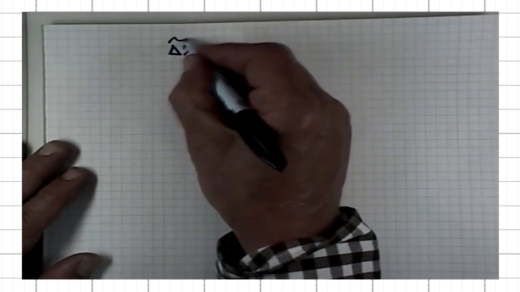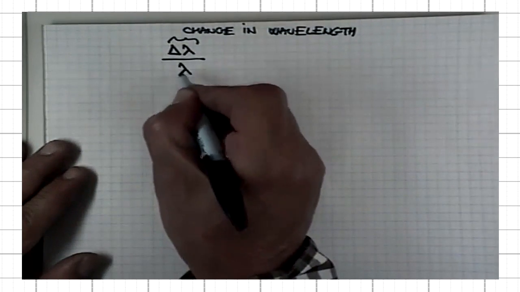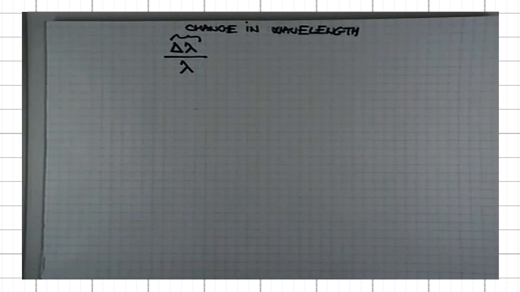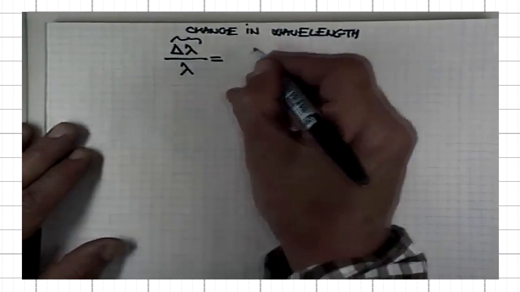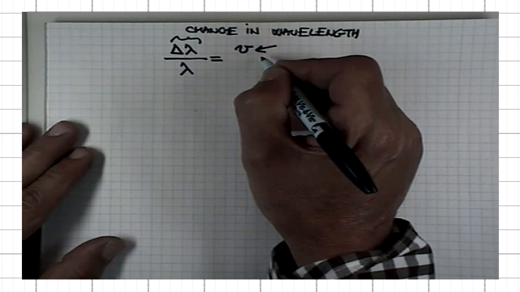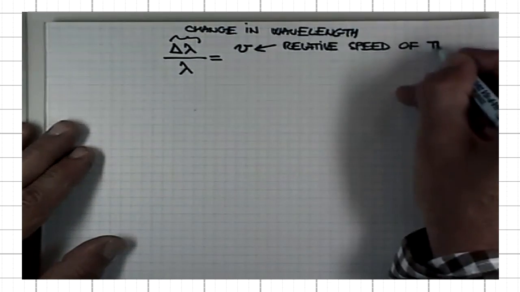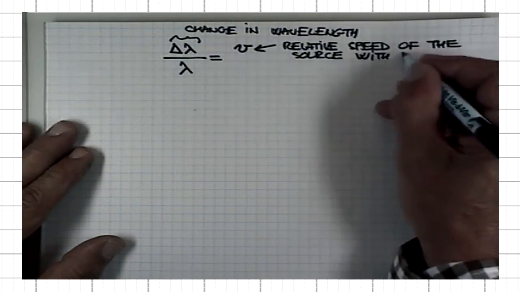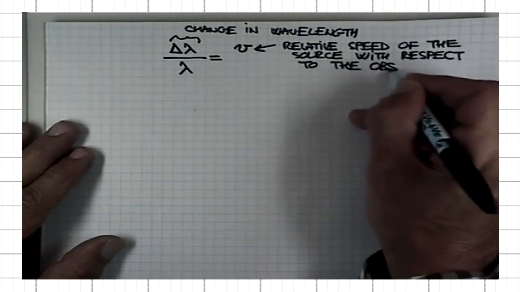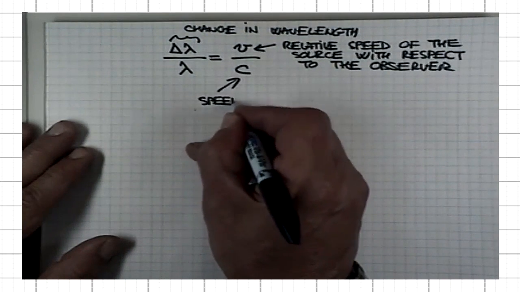So what the astronomers use is that the change in wavelength over the wavelength that you would measure if the source was stationary is precisely given by the relative speed of the source relative to you over the speed of light in vacuum.